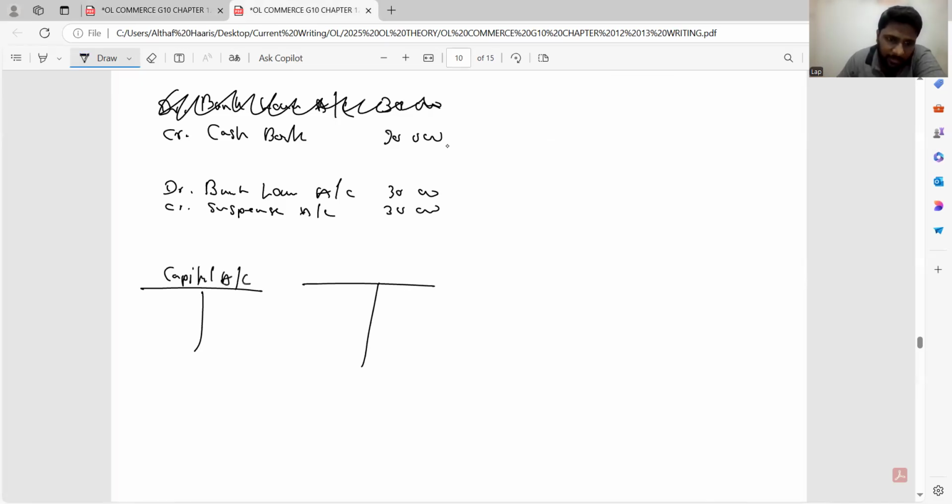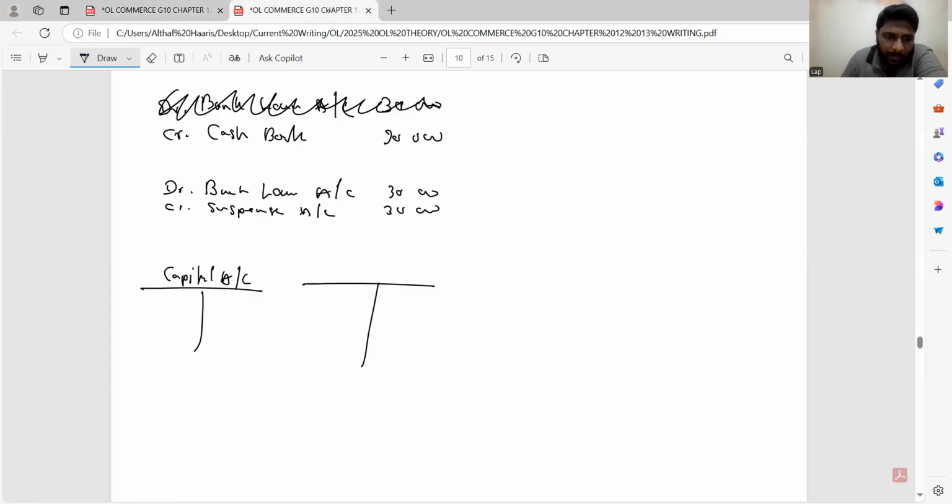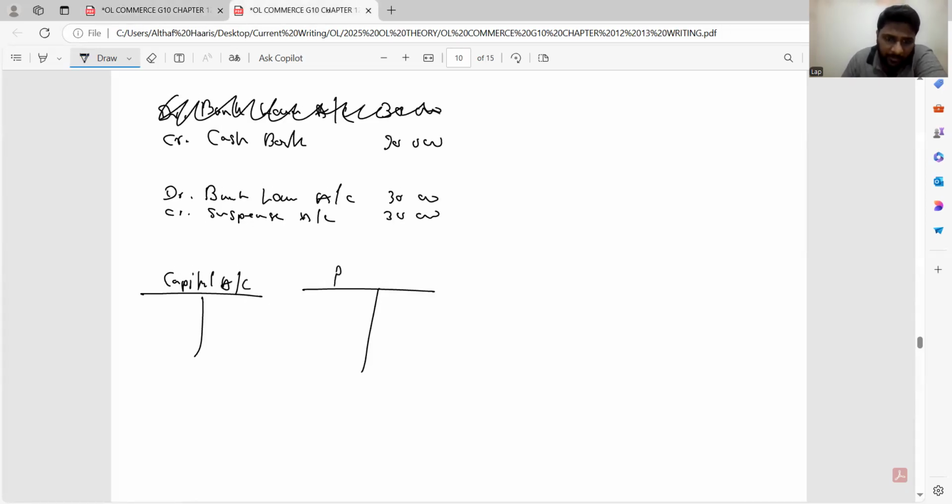We'll assume you have a capital account and a purchase account. The balance of purchase account 130,000. Here 150,000, here 150,000.